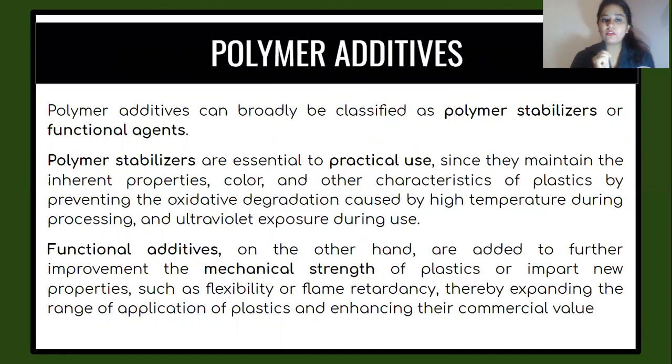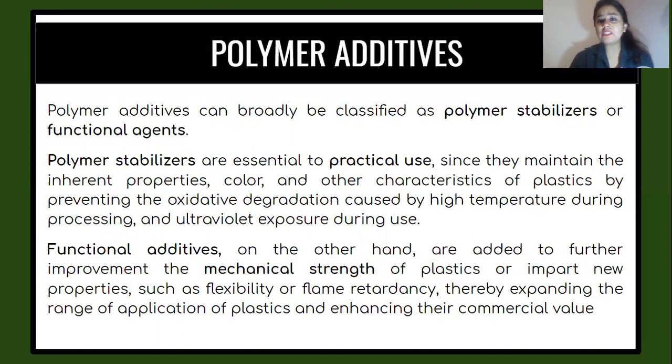On the contrary, the second polymer additive that we have taken into consideration is the functional additive. What's the use of functional additives? They help in increasing the mechanical strength of the plastics, and they give new flexibility, flame retarding capacity, and a range of operation, enhancing the commercial value. What do you mean by commercial value? Nowadays you would have seen newer types of plastics that are microwave and oven safe.